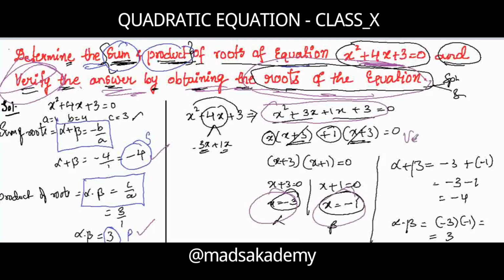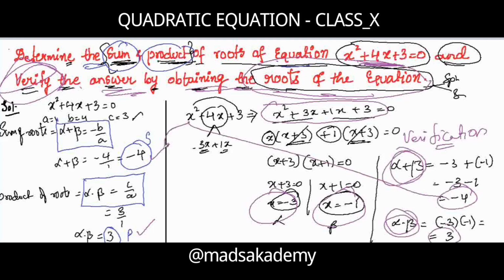Now in verification, if you see the verification, what is the sum of the roots I got? Minus 4. The product of the roots I got 3, which is the same as the formula. According to the formula, the sum of the roots is minus 4. Here also minus 4. According to the formula, the product of the roots is 3. Here 3. So they may ask questions based on this, this concept is very important.